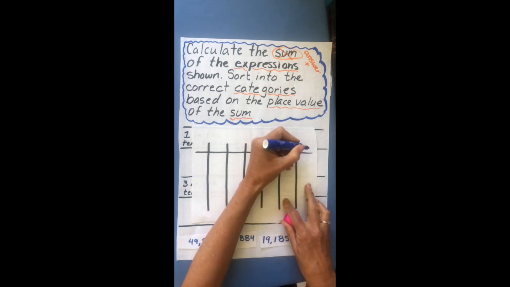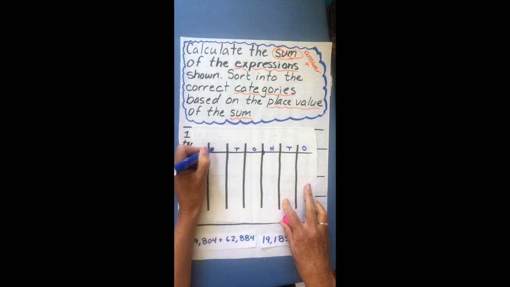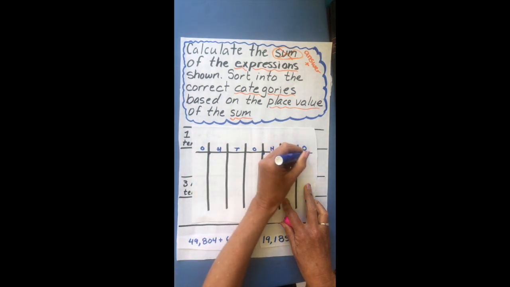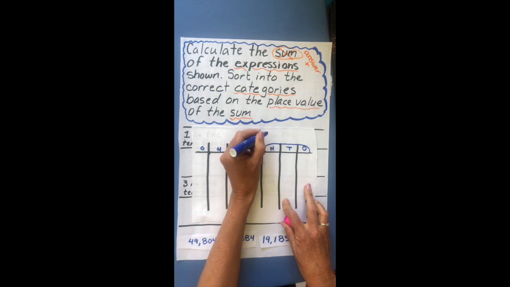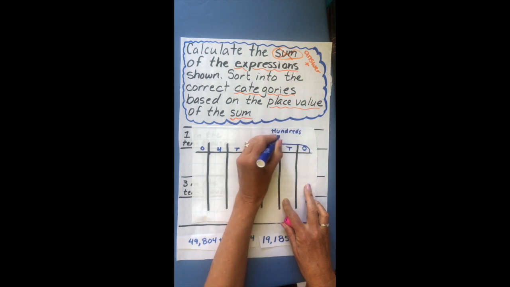So I know I have ones, tens, hundreds, comma, ones, tens, hundreds, comma, ones. So I know I have to group these into periods. So I know this right here is the hundreds period.